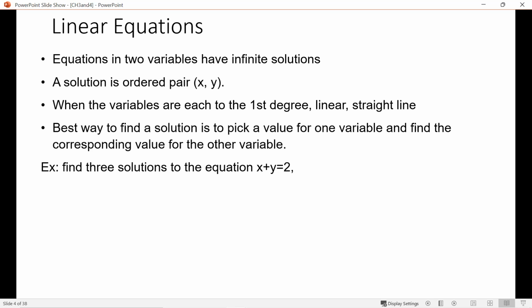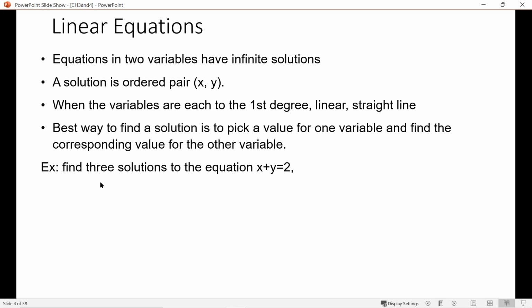And the best way to find a solution is to just pick one value for that ordered pair and get the other value that corresponds. So while it has infinite solutions, each ordered pair is unique in that the value of one of our variables determines the value of the other variable. When variables are each in the first degree, we call it a linear equation, and it's going to be a straight line.